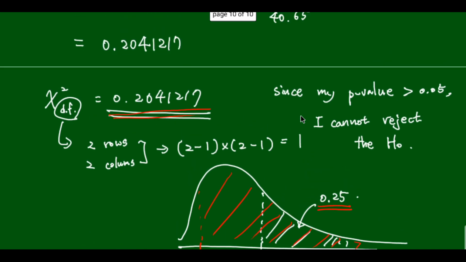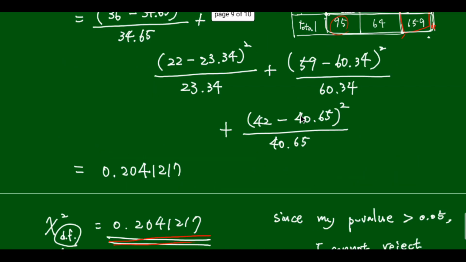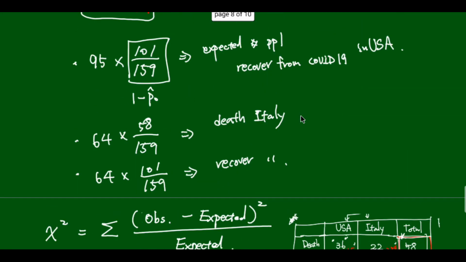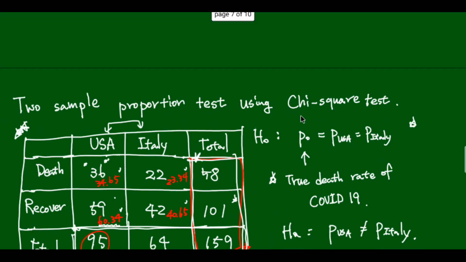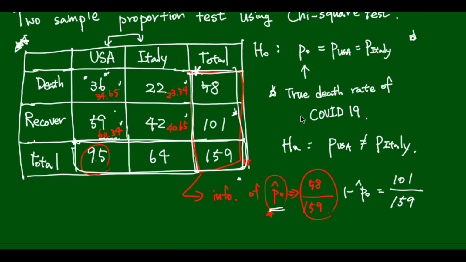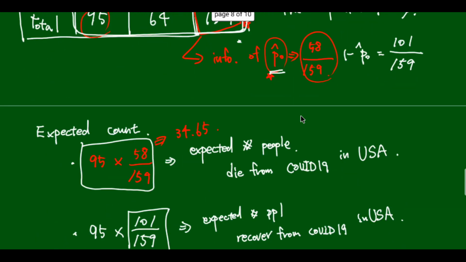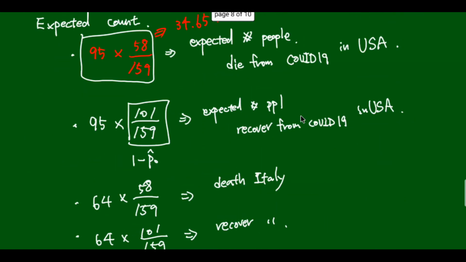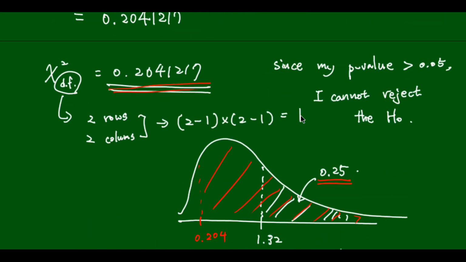Which means if my contingency table looks like this, so 36, 22, 55, 59, 42, 101, 95, 64, 159, then I will get my chi-square test statistic as 0.20, and I know that degree of freedom is 1.